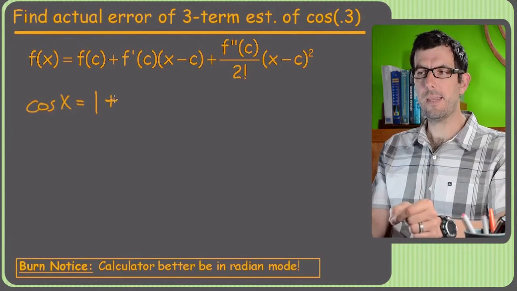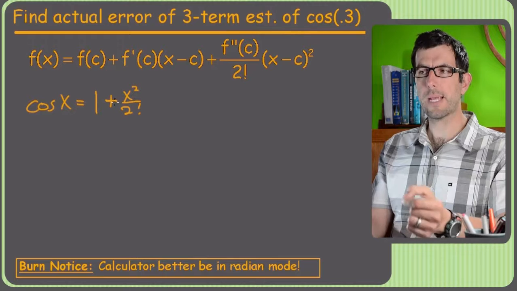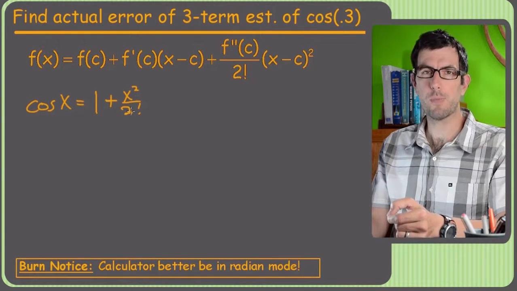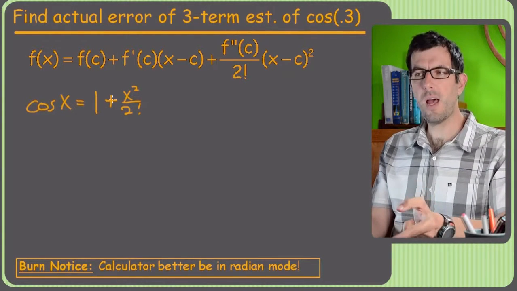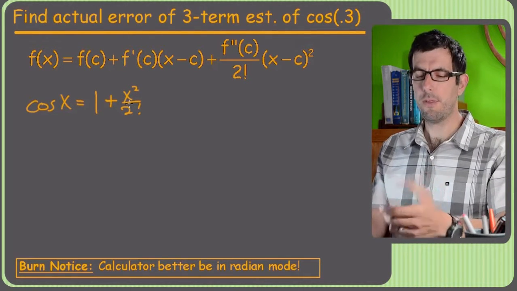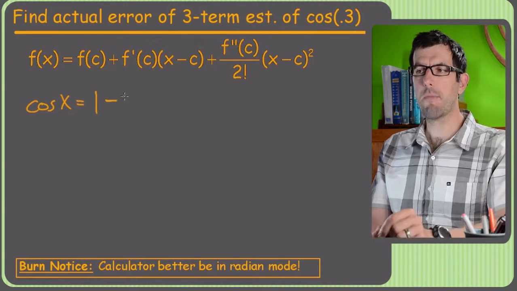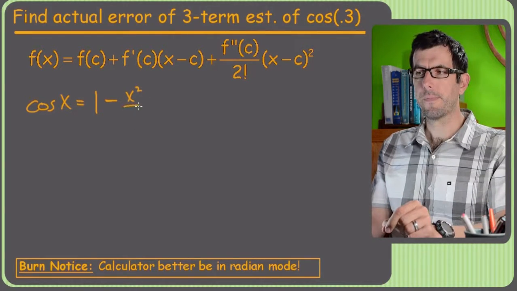So if I add an x squared term over 2 factorial, didn't I just hose myself? Because x squared is always positive and 2 factorial is positive. So if I do 1 plus x squared over 2 factorial, I just went above 1. That ain't legal. So that means we've got to make this a 1 minus x squared over 2 factorial, and that helps.